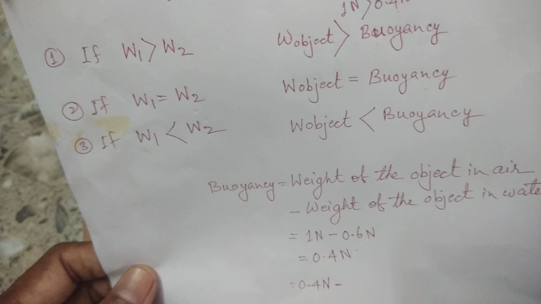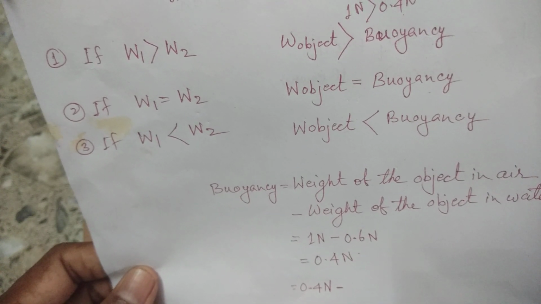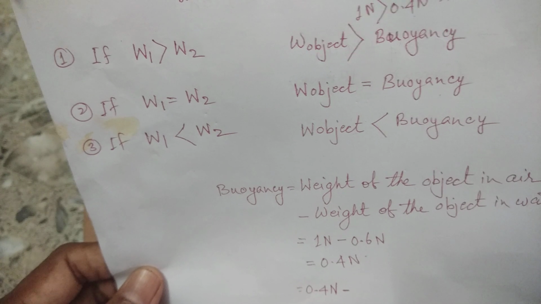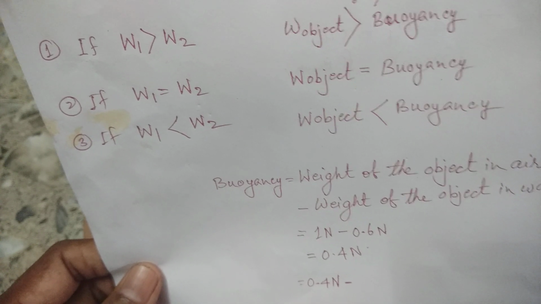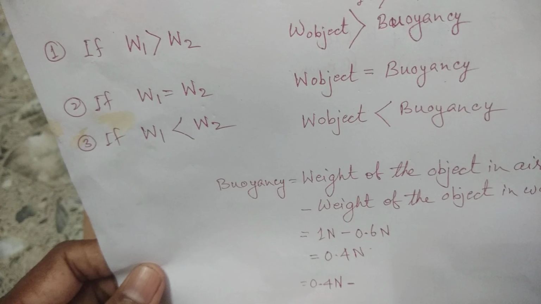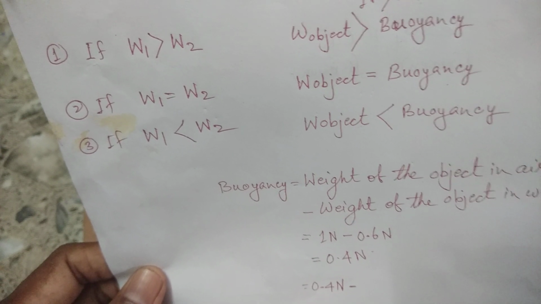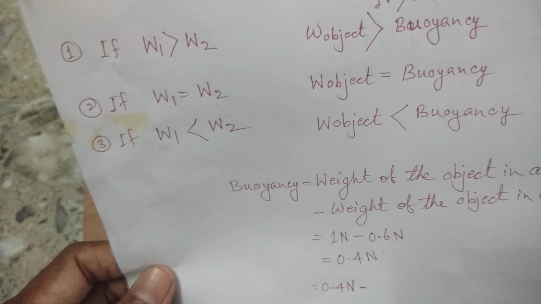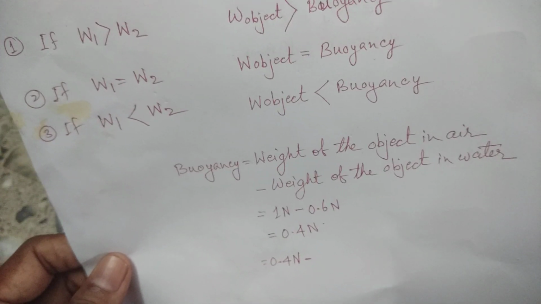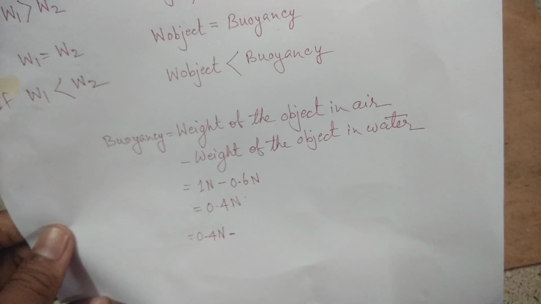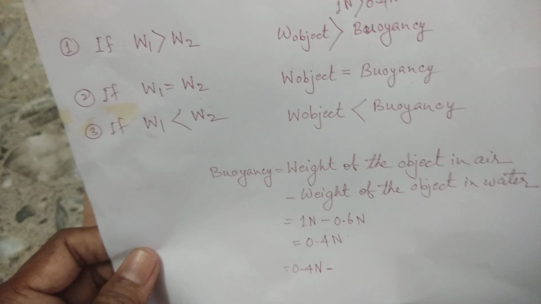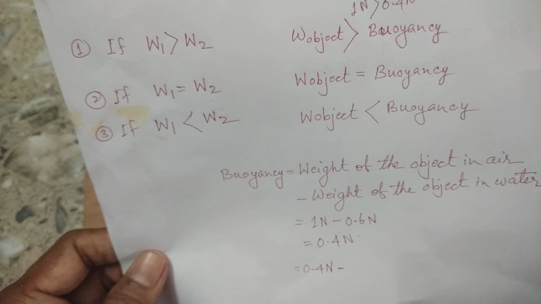If the weight of the object is equal to the force of buoyancy, then it will float in equilibrium. That means wherever the object is, it will float in that condition. If W1 is less than W2, the weight of the object is less than the buoyancy, then it will float.